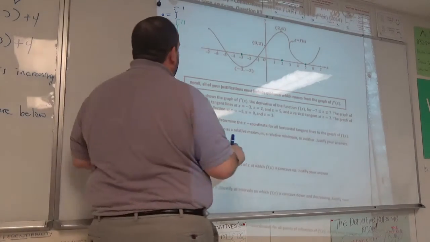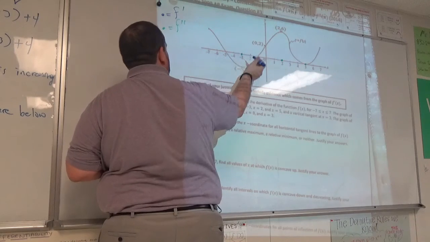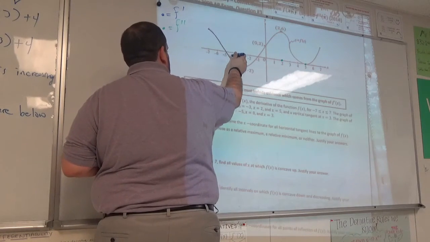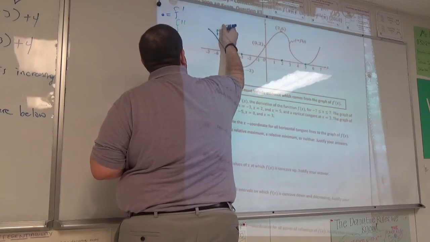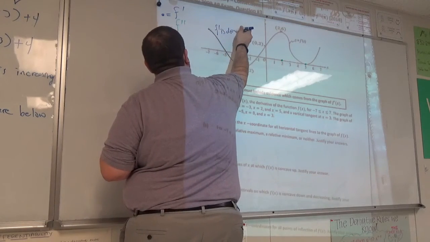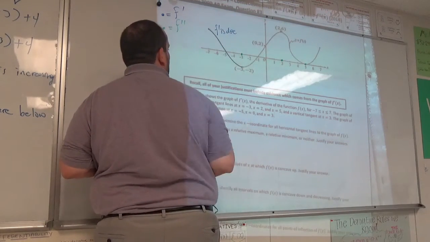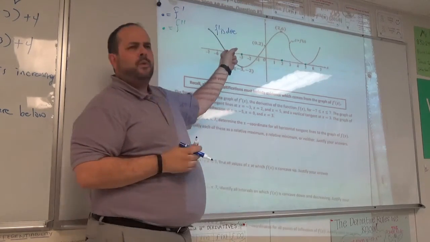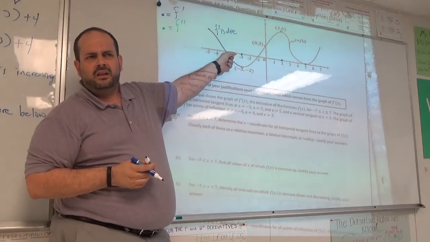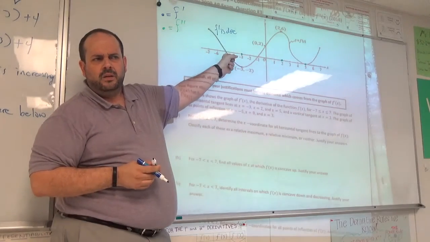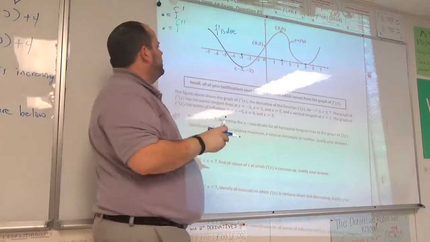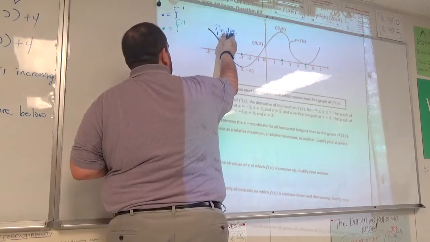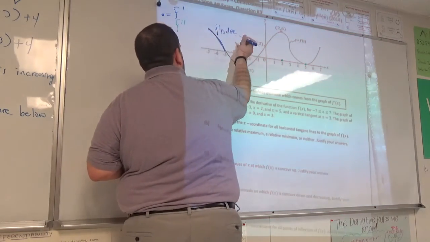I heard Abraham say, Edgar, you said that the blue, F prime is decreasing, but I think we also know a little bit more. Was -5 a point of inflection? Yeah. Was there a point of inflection at -5? So from here until -5, I also know about the concavity.